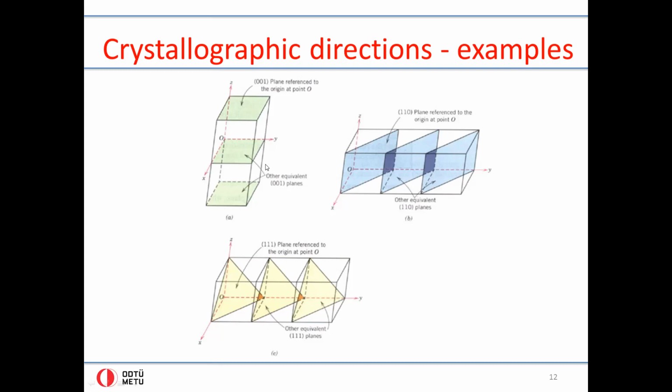And in both cases, they would have the name 0, 1, 1 for the plane, because the bottom of this unit cell, the bottom face, is identical to the top face, or is the same plane as the top face of this unit cell here.